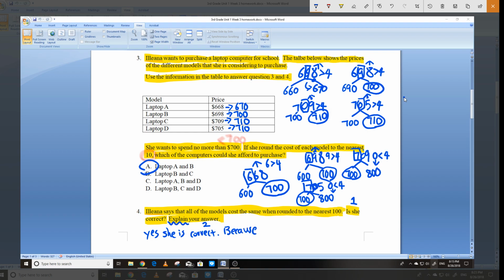Because it says explain, okay? If you don't explain, you won't get full credit. Yes, she is correct because all 4 laptops round to 700. And that's how you do number 3 and 4.